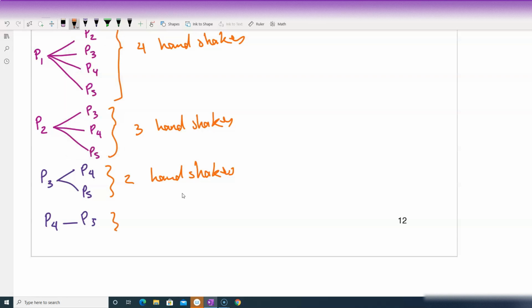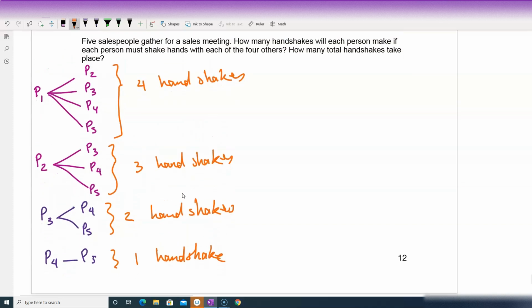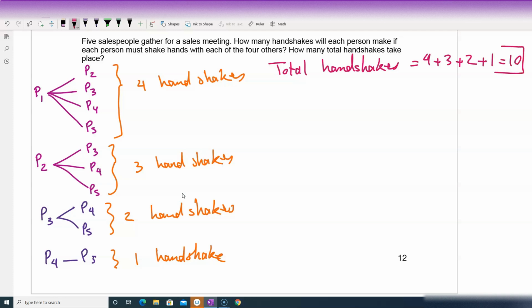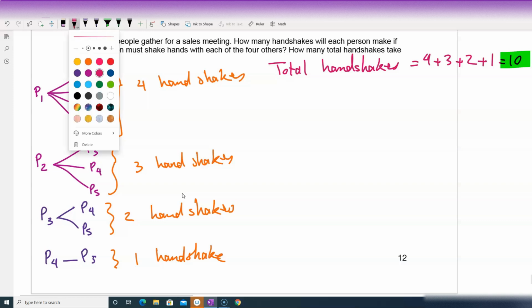And here we have 1. So add all these. Total handshakes is equal to 4 plus 3 plus 2 plus 1, and that is equal to 10. That is the answer for this part.